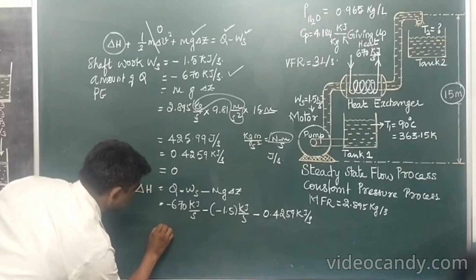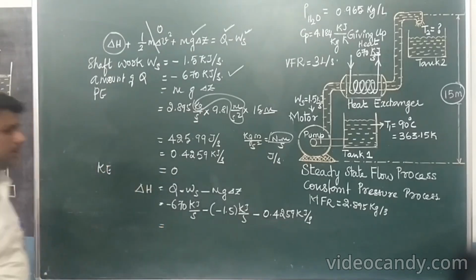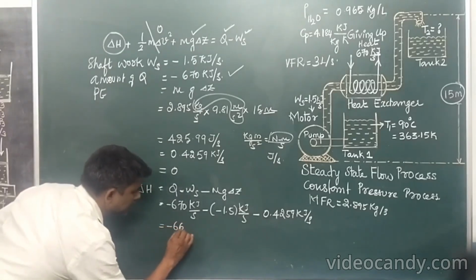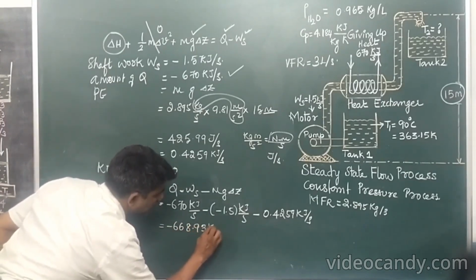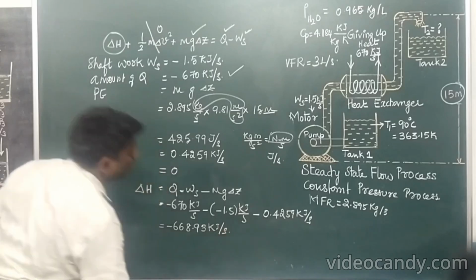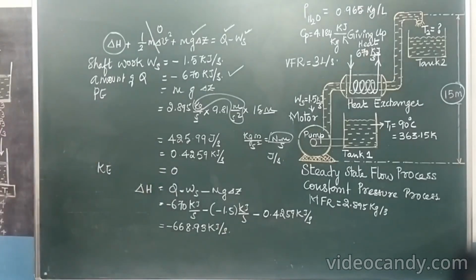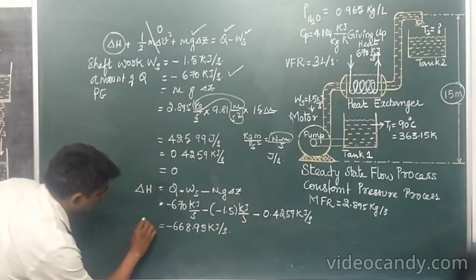The answer is minus 668.93 kilojoules per second. Now the total enthalpy change is predicted.